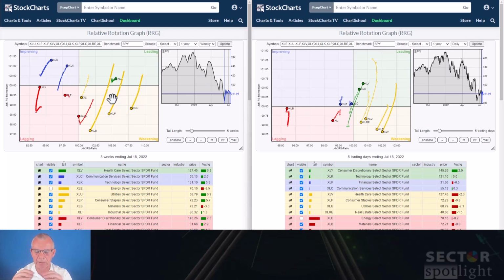It's a time now that we need to monitor closely whether this is a temporary move within the longer term picture, and these tails will curl back up and pull these ones back up to leading, and we will remain with a market that is driven by defense.